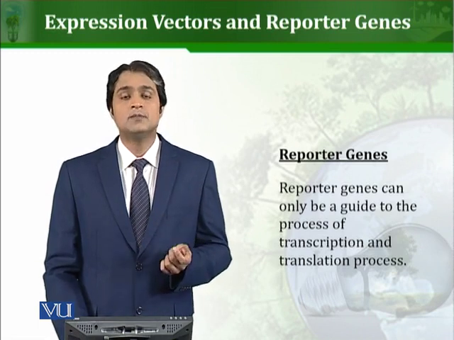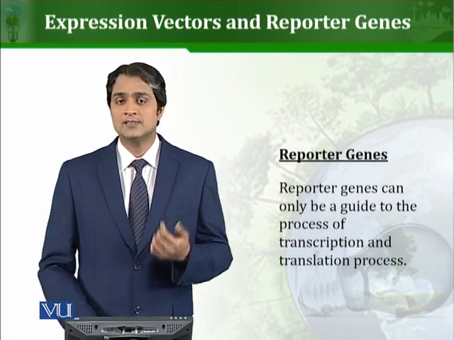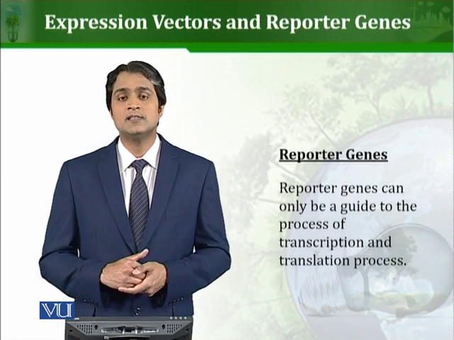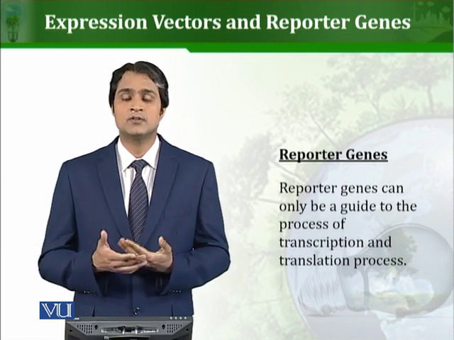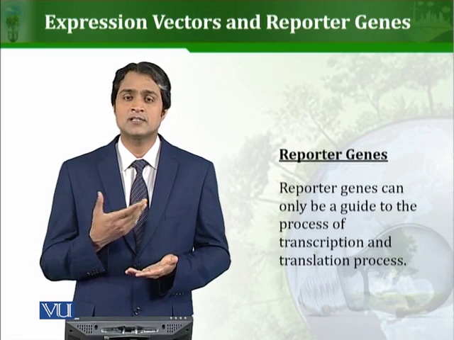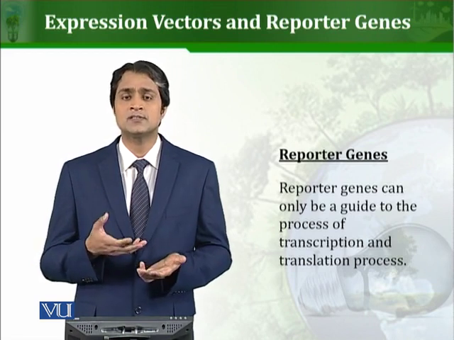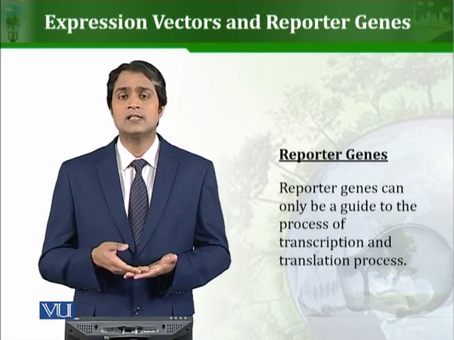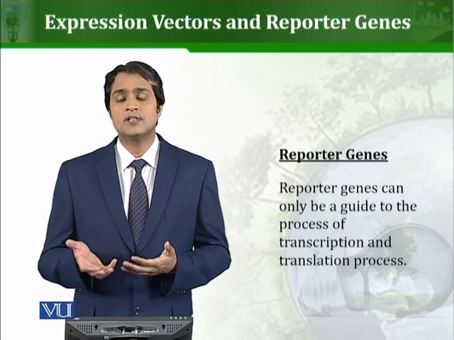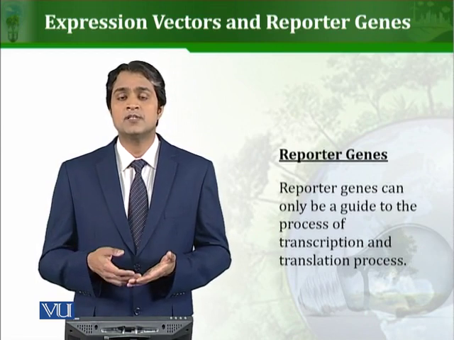Now, a thing to remember is that these reporter genes, just like any other marker genes, are just an indication of what is going on. They just tell us whether the transcription is happening or not, whether the translation is happening or not. They do not tell us how good our protein is being made, how much of our protein is being made.